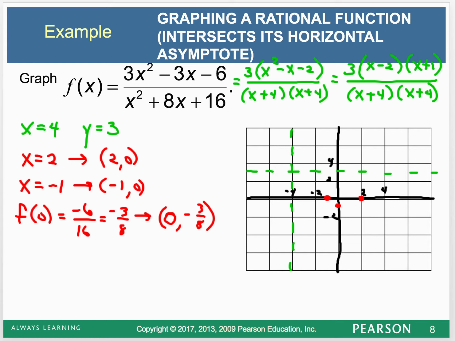Let's see, what makes the denominator 0? Oh, I drew it at negative 4. I just didn't write negative 4. But yes, I drew it at negative 4. So let's see if these points, 2, negative 1, and then negative 6/16.